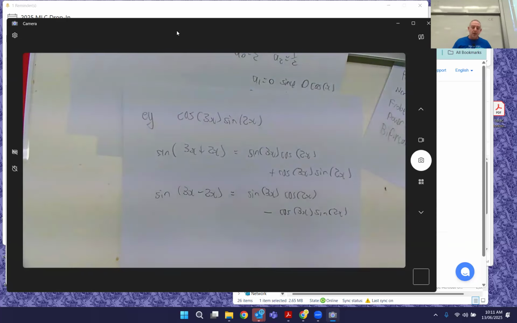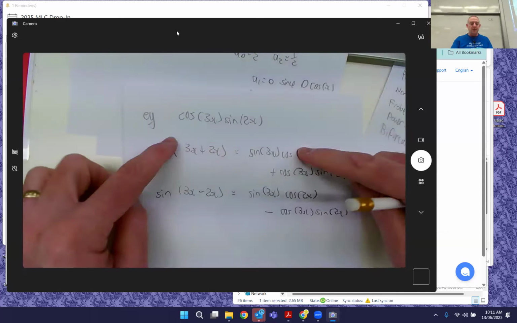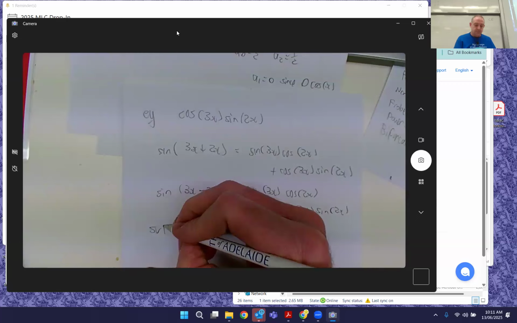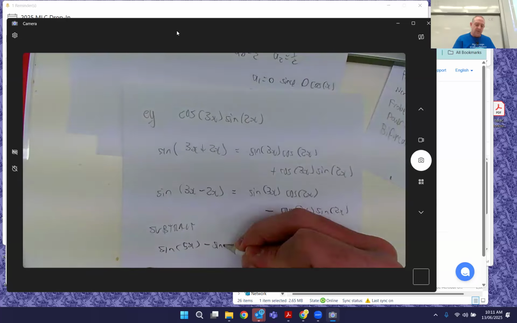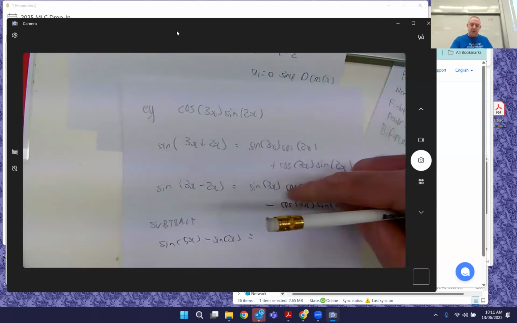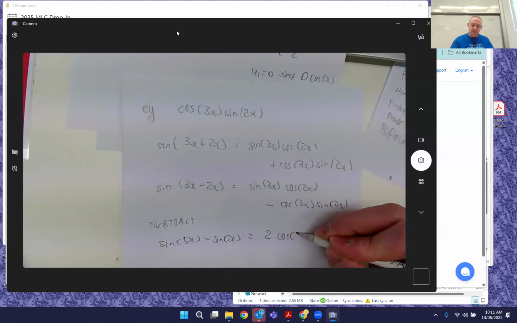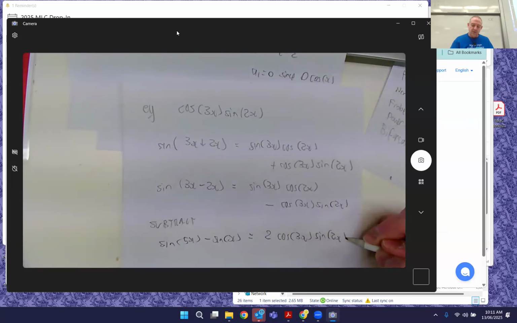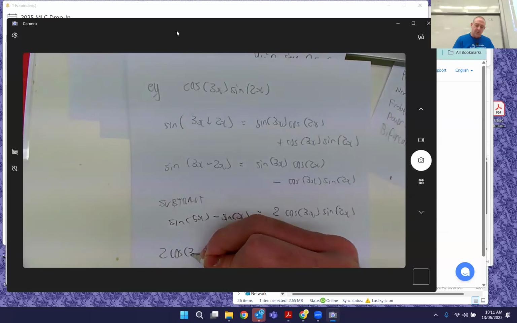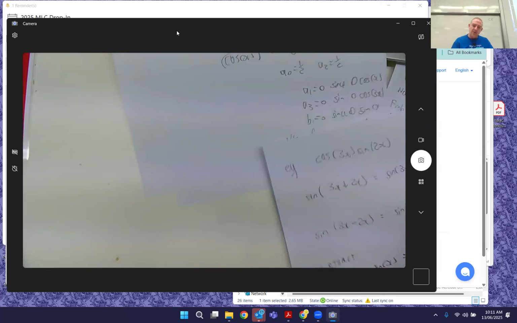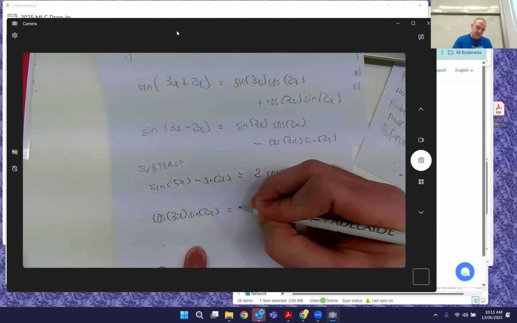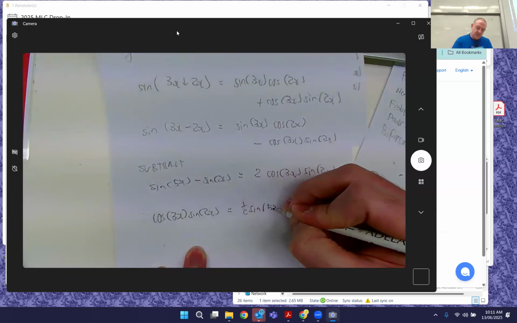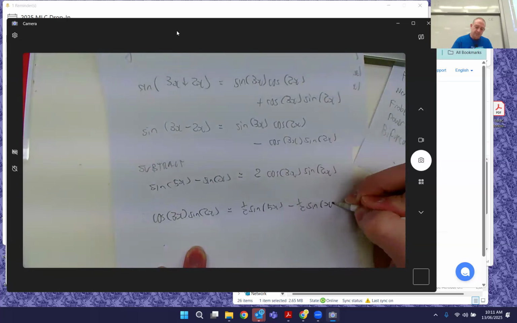So if I go this one minus this one, I get sine of 5x minus sine of x is, they disappear, and I get two lots of cos of 3x sine of 2x. So cos of 3x sine of 2x is a half of sine of 5x minus a half of sine of x. Look, Fourier series.